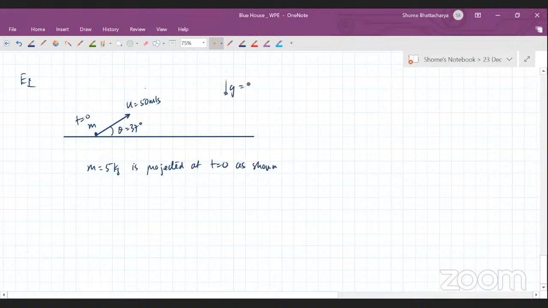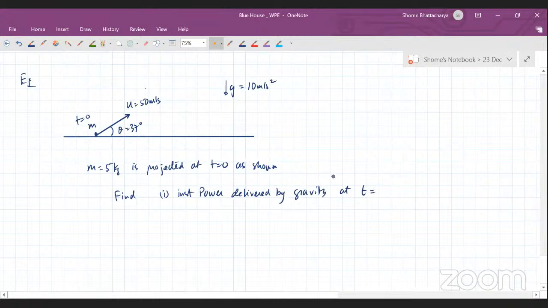Take the acceleration due to gravity to be 10 meters per second square. So we have to find the instantaneous power delivered by gravity at the instant t equal to, we'll take two instants actually, t equal to 3 seconds and t equal to 5 seconds.